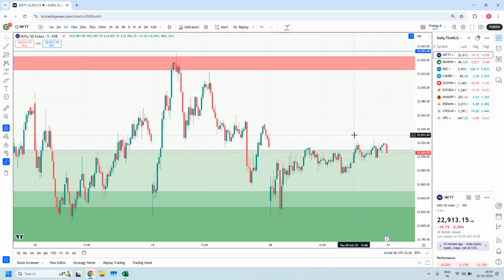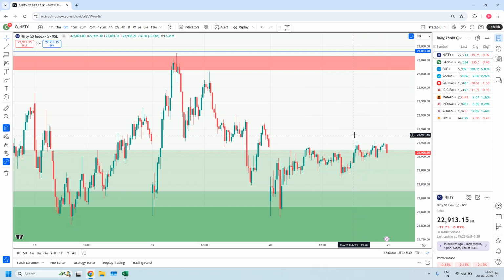Generally it happens. You know what happens? The structure of the volatility. When the volatility is reducing, price movements also will be in a very narrow range. So for a few days prices will be moving in a narrow range, and all of a sudden a volatility breakout will take place. When a volatility breakout takes place, prices will be moving out of the zone.